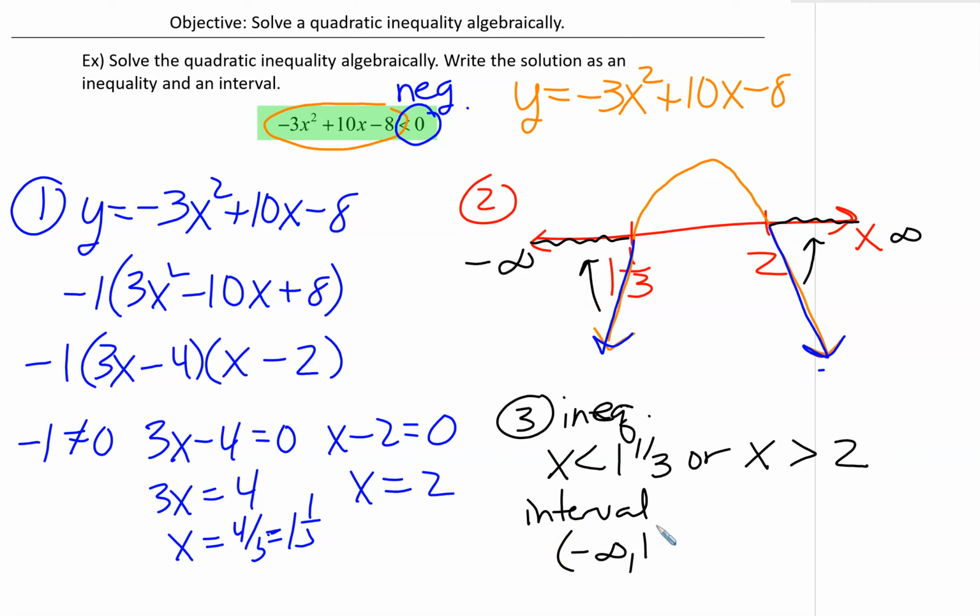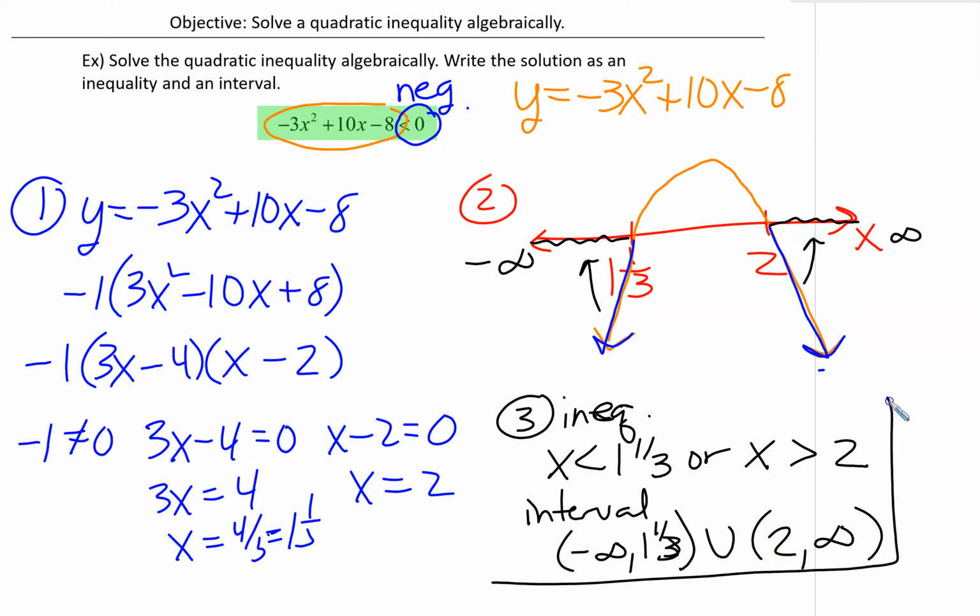And if you write 4/3 here instead of 1 1/3, that would be fine also. This would be union, and then from 2 to infinity, like so.